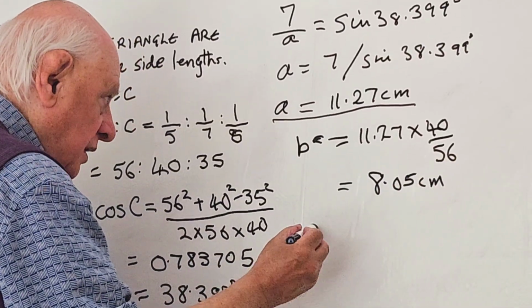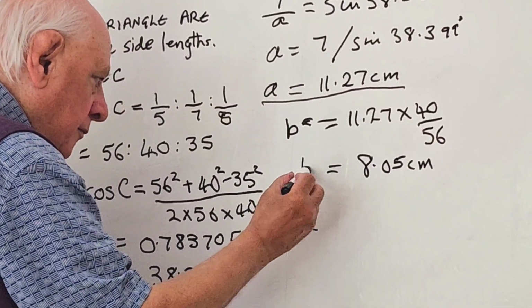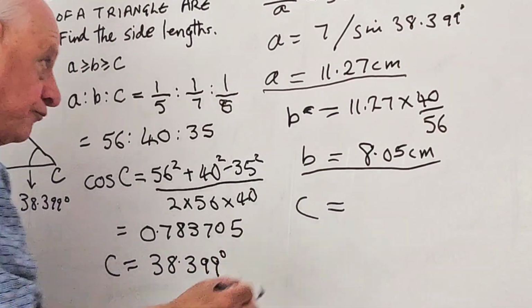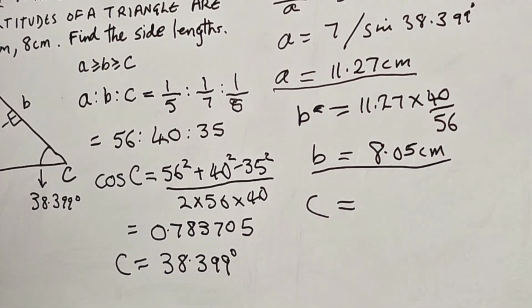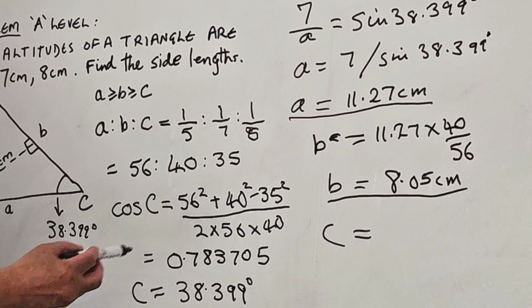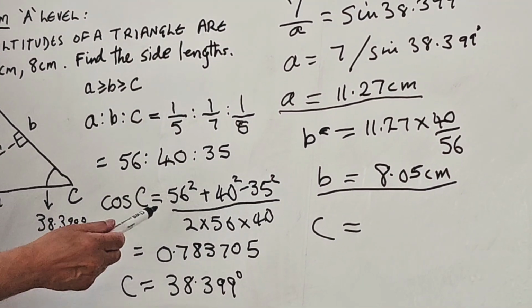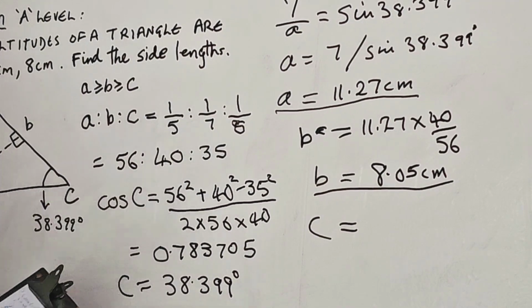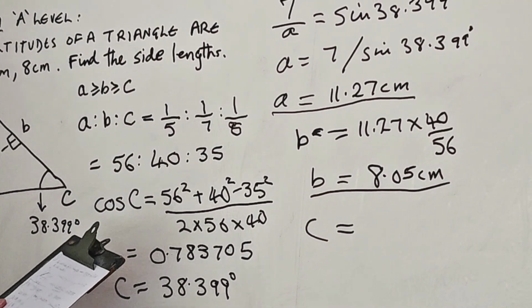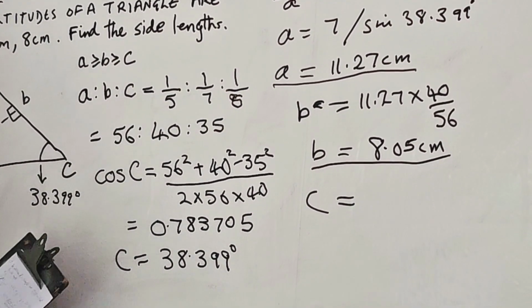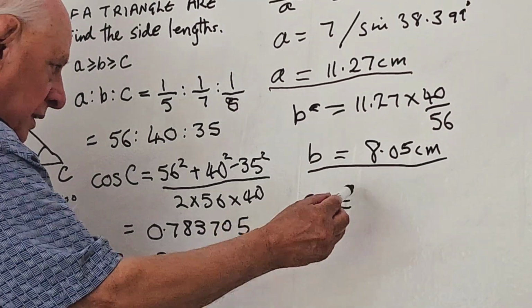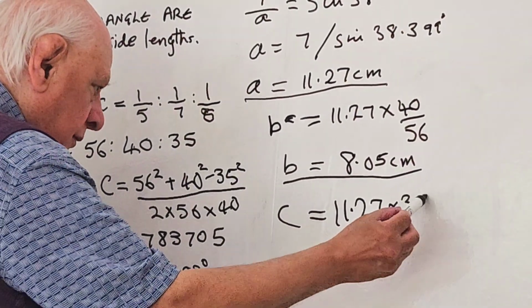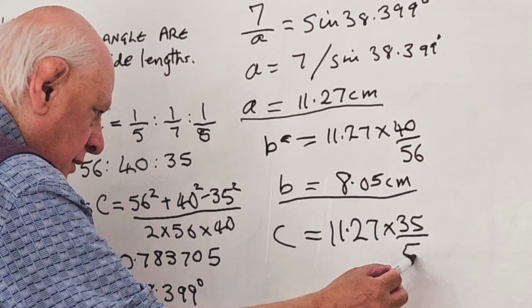And lastly, C. Now C is equal to, where are we? 35/40ths of B, or 35/56ths of A. So that again it'll be 11.27 times 35/56.